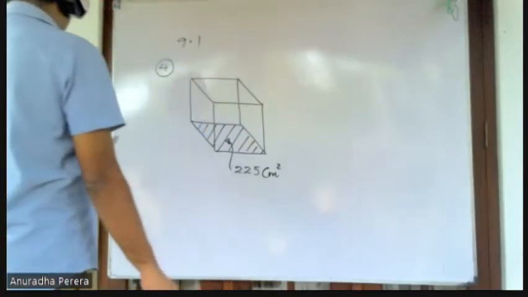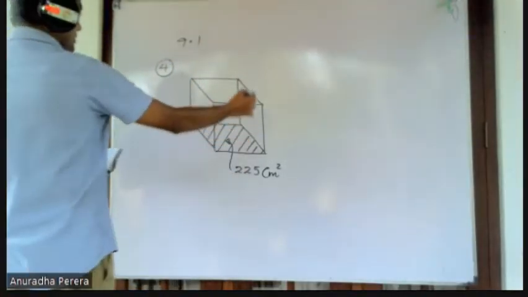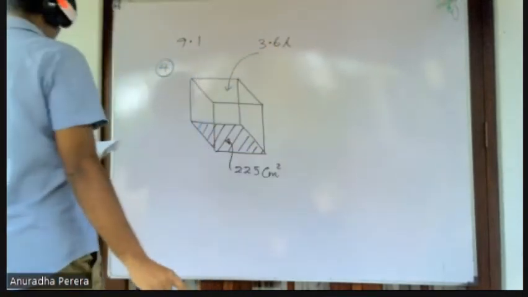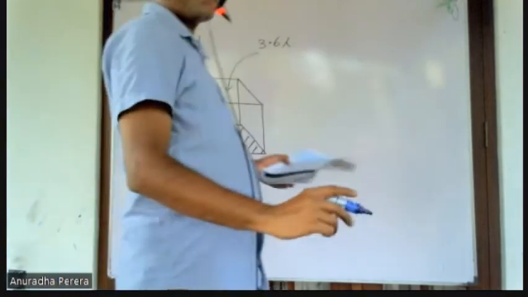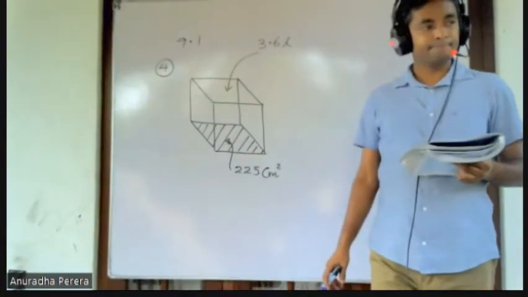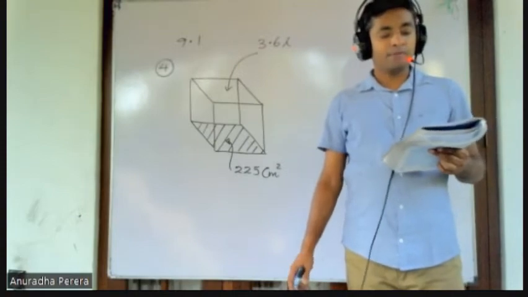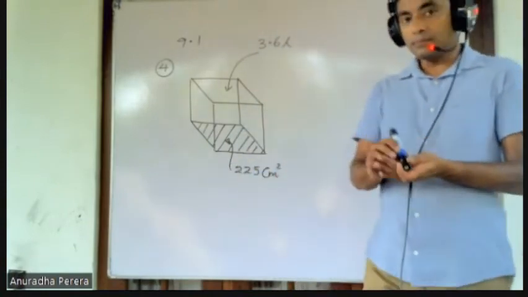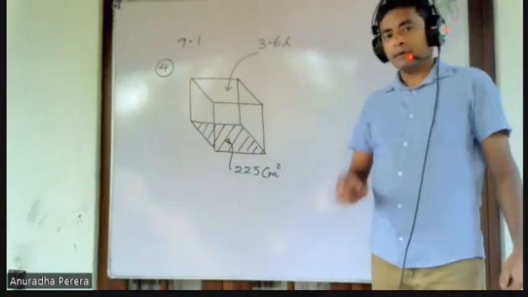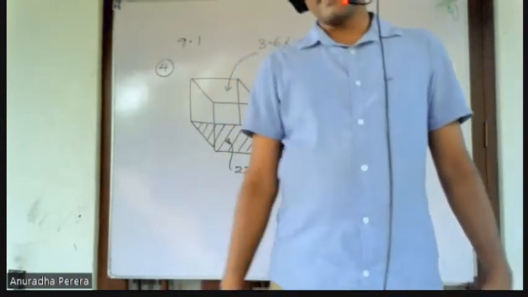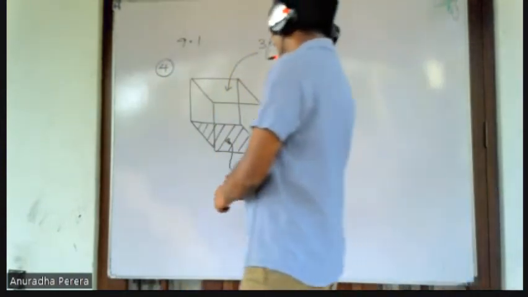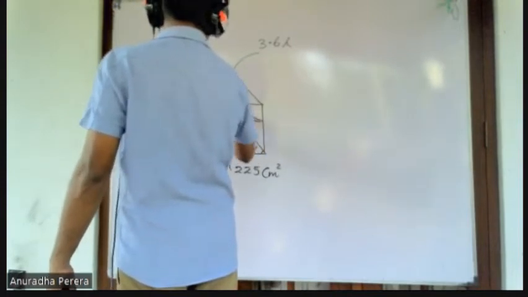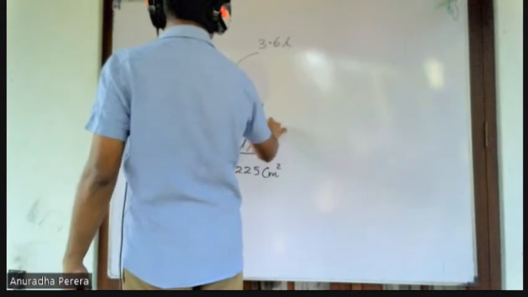An amount of 3.6 liters of water has been filled into the container. Find the height of the water in the container. The volume is given, the filled volume is 3.6 liters. We need the height of the water.